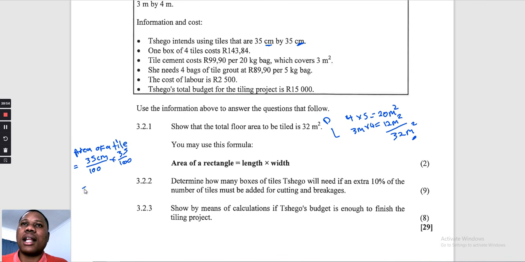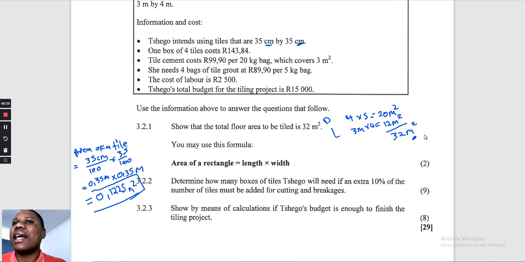So we're going to have 0.35 meters multiplied by 0.35 meters, which gives us 0.1225 meters squared. So this is the area of a tile. Okay, that's the area of the tile, and the area to be tiled is 32 meters squared.